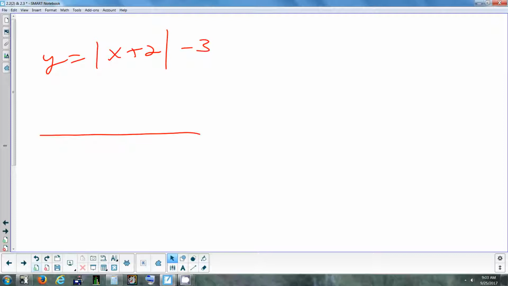So it's just an absolute value shifted left 2, down 3. It's going to be a V shape with the bottom of the V right there. If you put a negative in front, it flips the V shape over. So basically this graph will look something like that. Not exact, but the point is it's going to cross the axis twice. Those are the 2 answers.